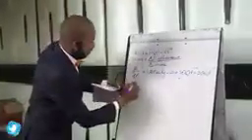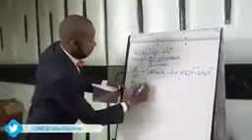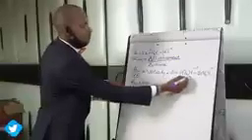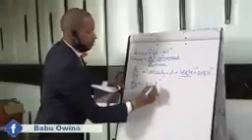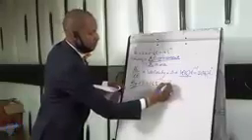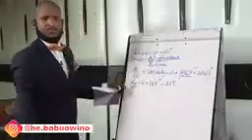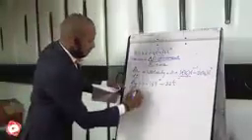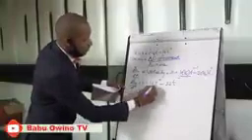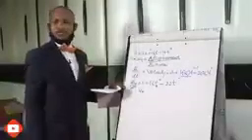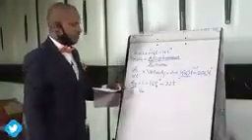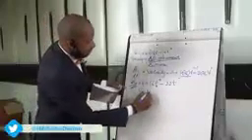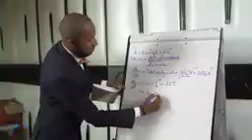Now dh/dt, which is our velocity, equals 16t raised to power 0 minus 32t raised to power 1, which is the same as 32t. Any number or letter raised to power 0 is 1. Therefore, velocity is 16 minus 32t.